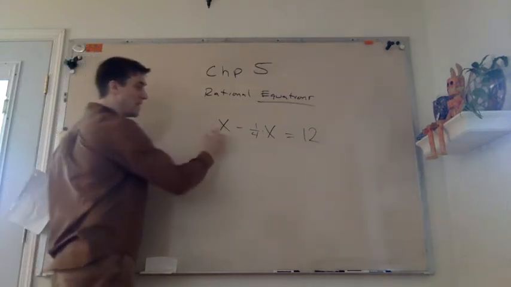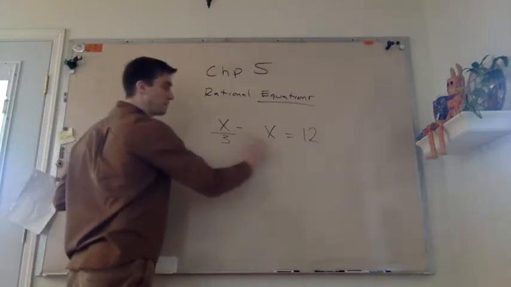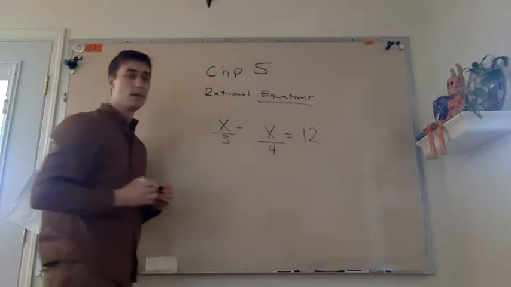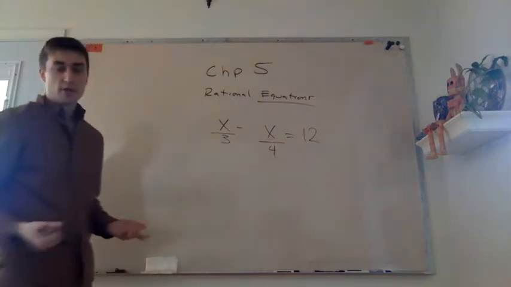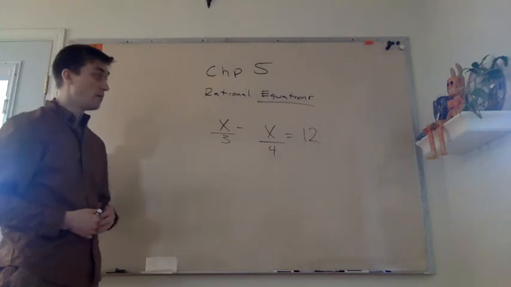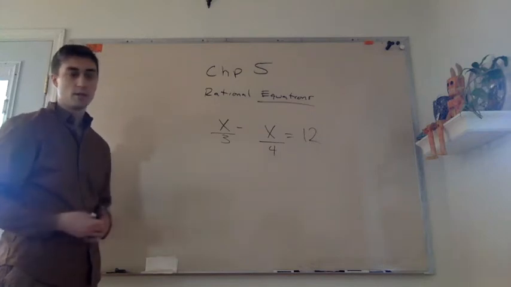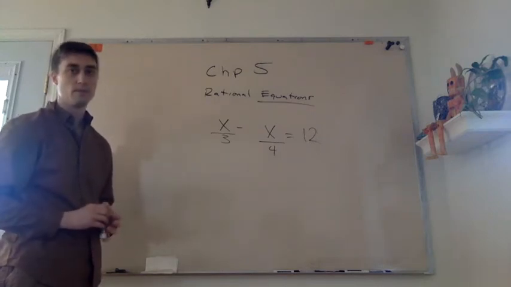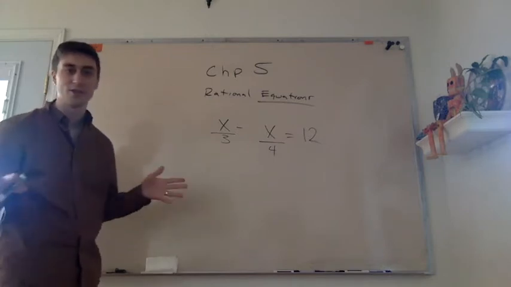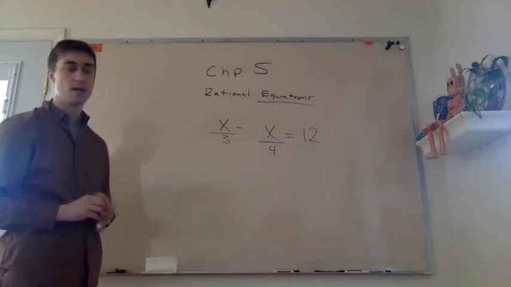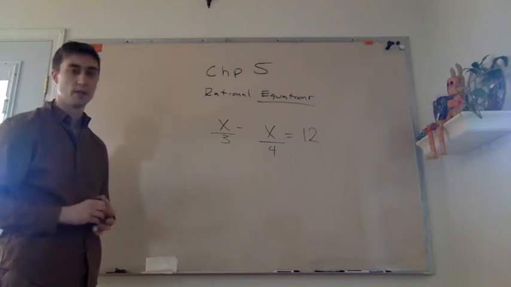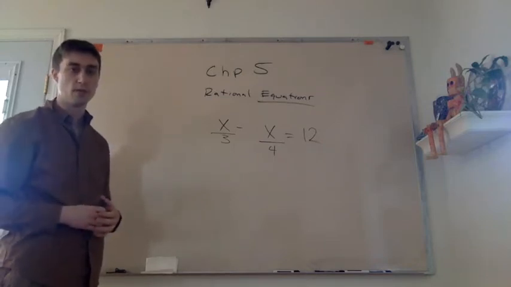I don't know if it's even something you need to worry about. There is no variable in the denominator of this equation, so I wouldn't maybe call it a rational equation, but it does have fractions, so let's just go with that: an equation that has fractions is a rational equation.